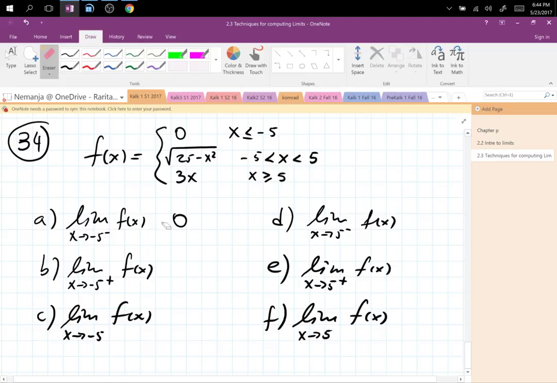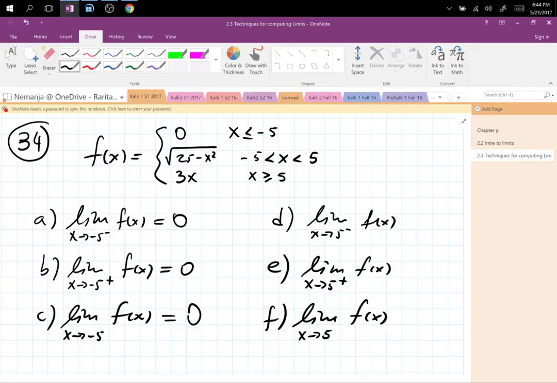That's the first limit. You can also see that you are using this one over here because that one is to the left of -5. Then you have to the right of -5, which is the approach from the right towards -5, which falls down the half circle. And you also end at 0. So that's also 0. And by the theorem, if these two are the same, the overall limit is 0.